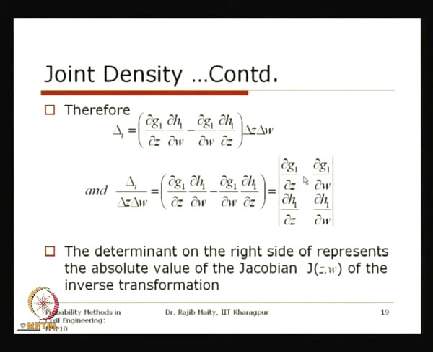Now when it becomes two random variables, two functions, we get a 2 by 2 matrix for which the determinant is nothing but its Jacobian. Similarly, if there are three functions and three random variables, this will be a 3 by 3 matrix for which the determinant needs to be evaluated, which is the Jacobian of the three random variables. Here we are just talking about two random variables.